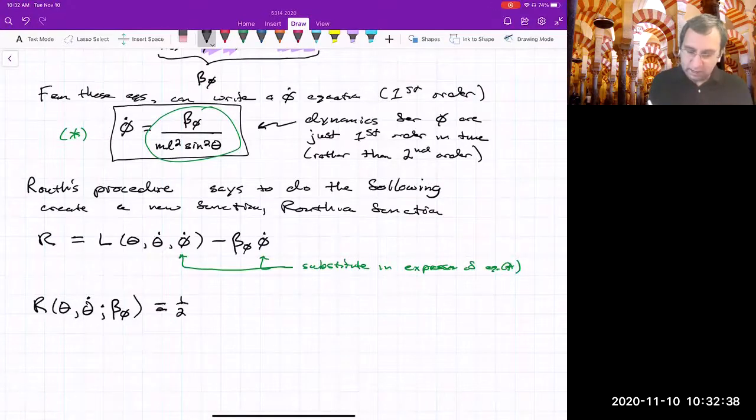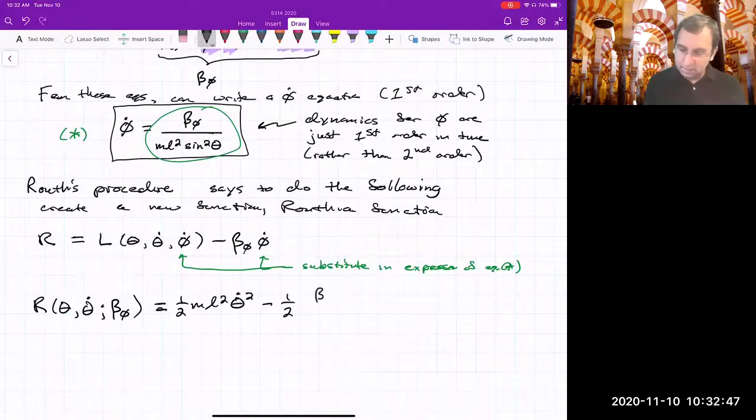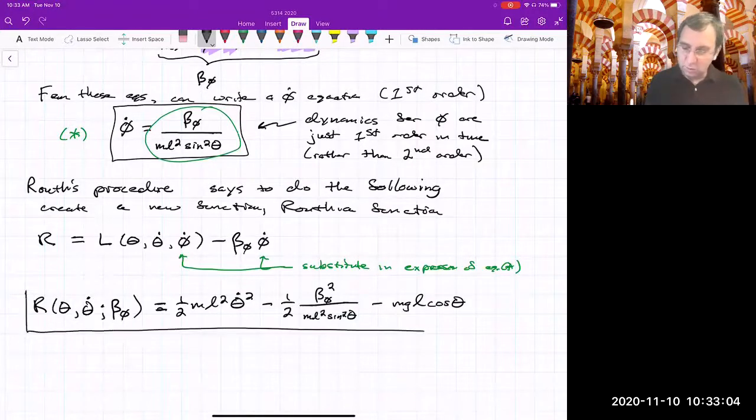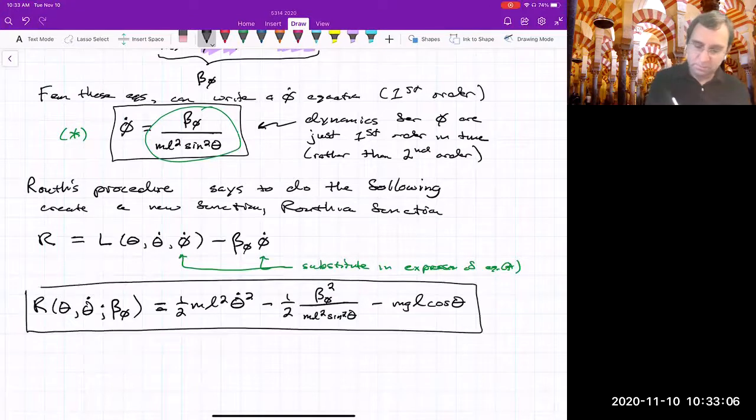So this will be 1/2 ml squared theta dot squared minus 1/2 beta phi squared over ml squared sine squared theta minus mgl cosine theta.